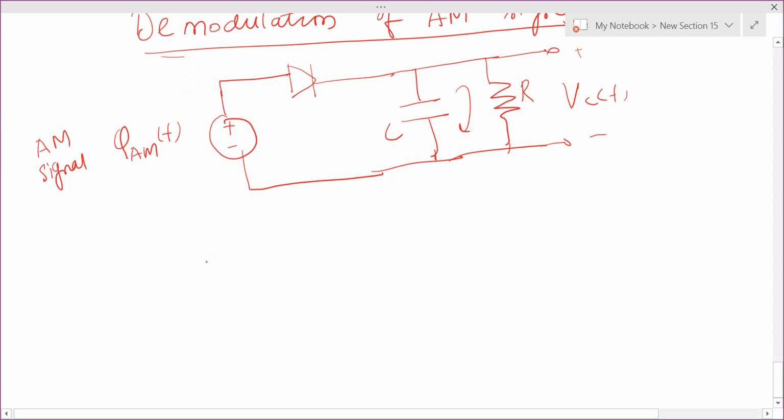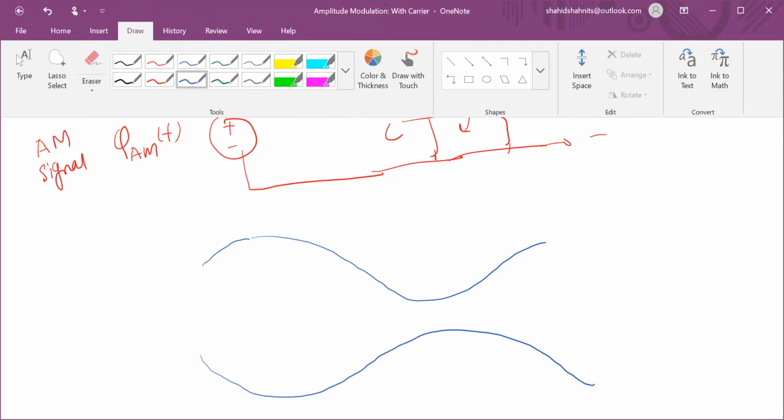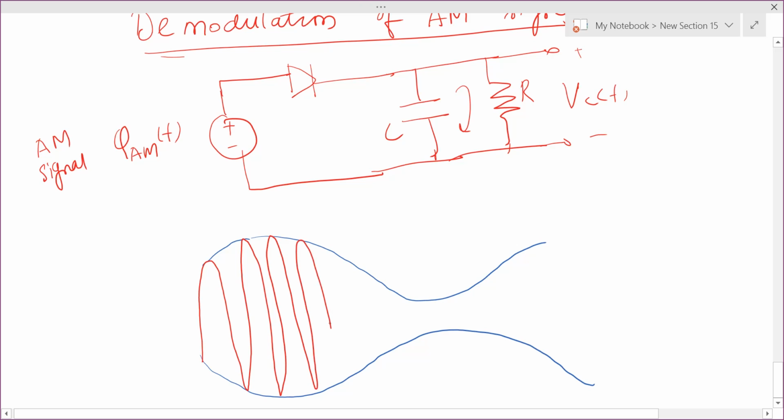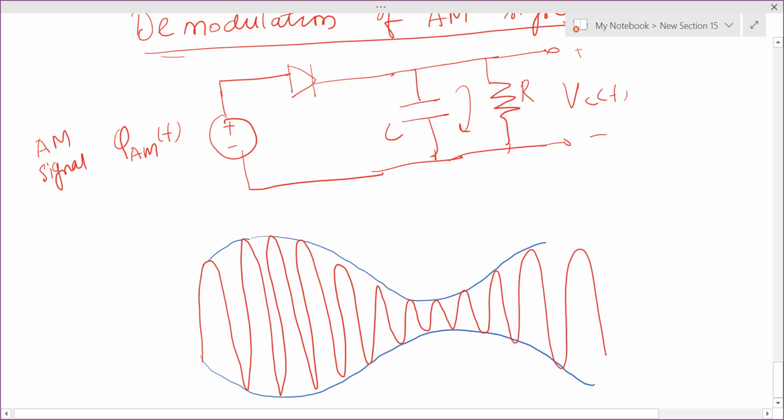The envelope is something like this, and this is the AM signal. This is the x-axis. Now when we pass this through the diode, you see what will happen.